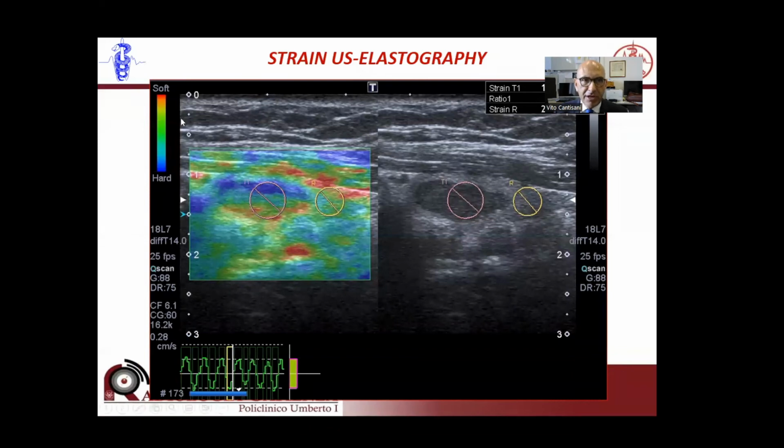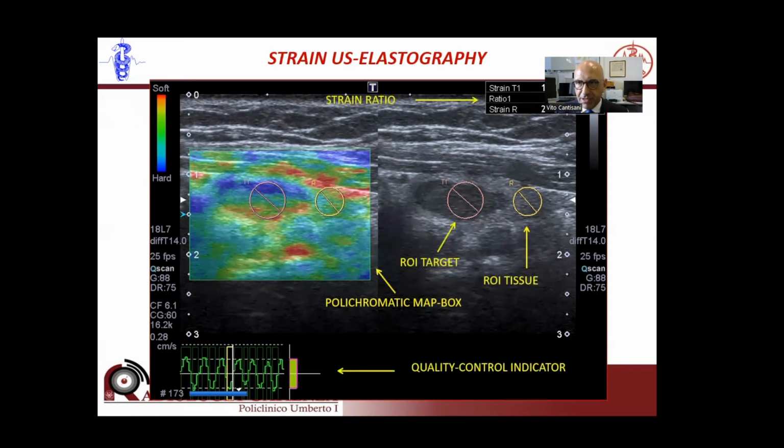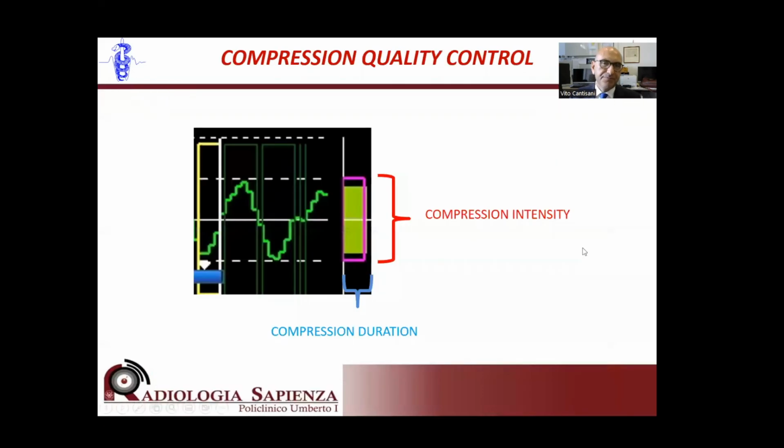Again, remind everybody that you have to select the right polychromatic scale, then the right polychromatic box, look at your qualitative indicator, put the ROI, one within the lesion, another one within the entire tissue, and try to avoid artifacts. And at the end, you will obtain a proper measurement.